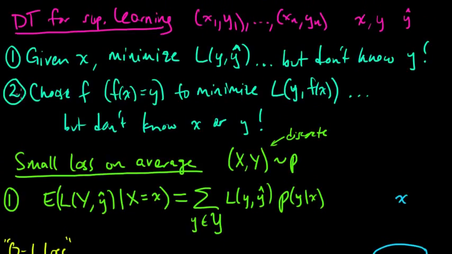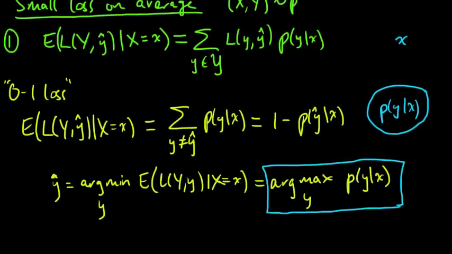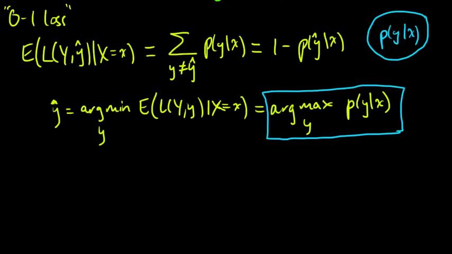Now let's think back to case 2, where we want to generalize this a bit and choose a function to handle all the x's. So what happens in case 2? Let's pick some arbitrary f and see what happens. Let's say y hat is f of x.